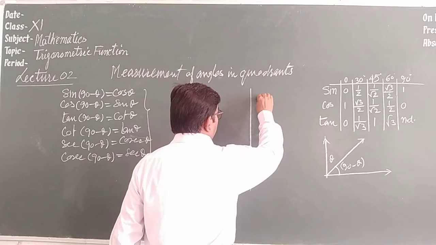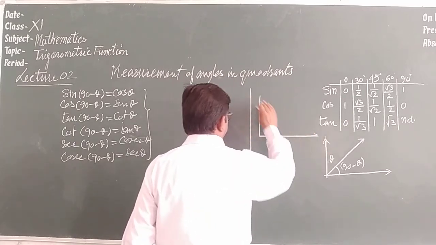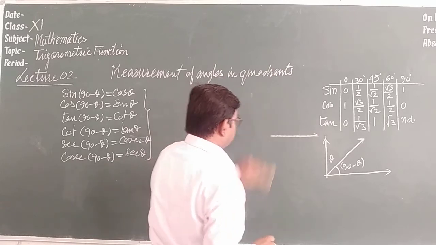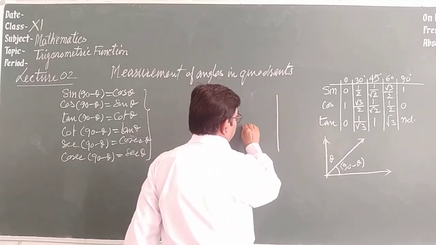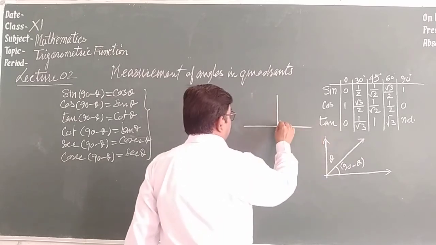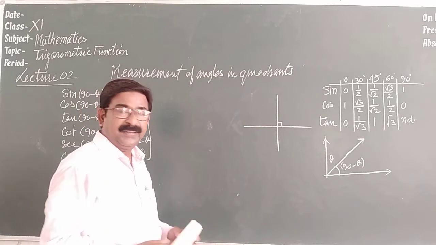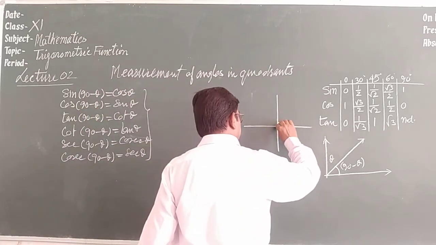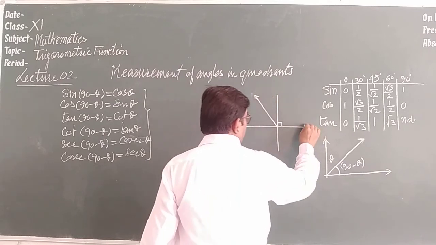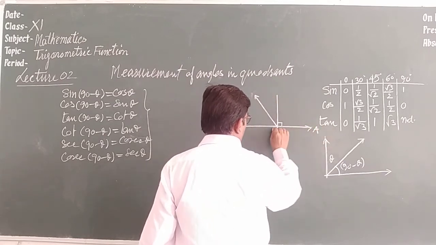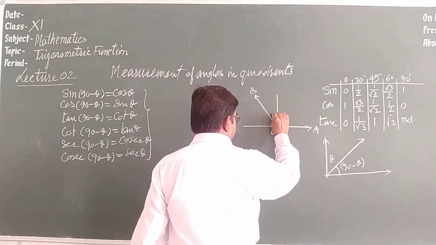Suppose, see this figure. This angle is 90 degree. And this is OA, the origin, and this is OB.